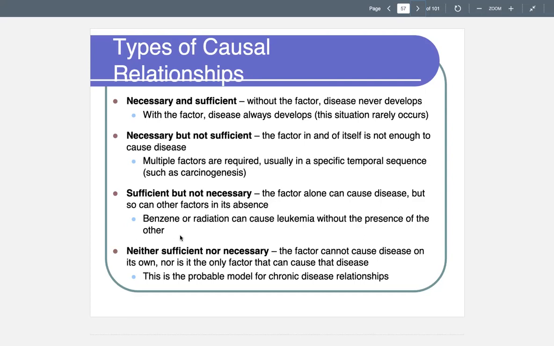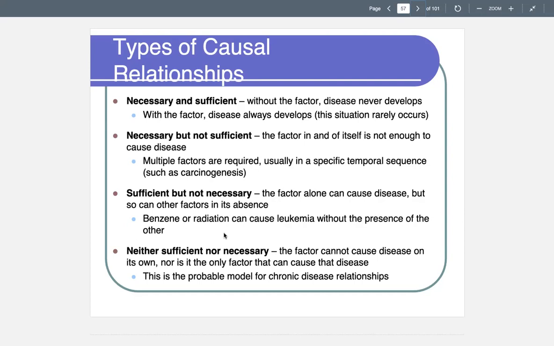Okay, sufficient but not necessary. The factor alone can cause disease, but so can the other factors in its absence. Okay, such as the benzene or yung radiations that can cause leukemia without the presence of the other. Ibig sabihin, if you have a long exposure to the radiation, that can cause leukemia.